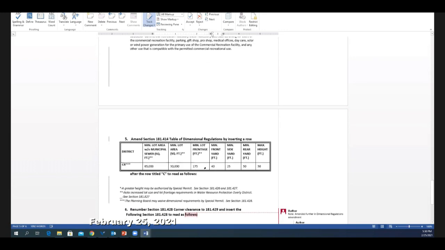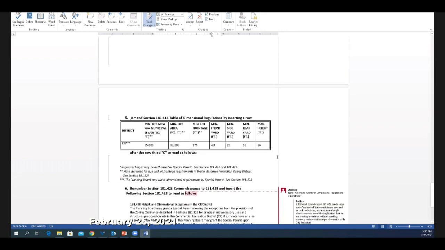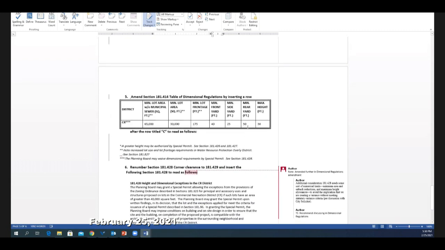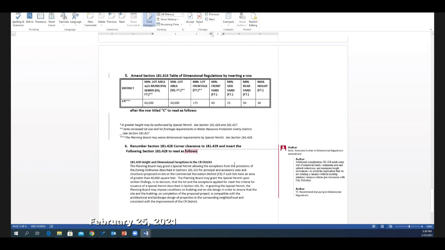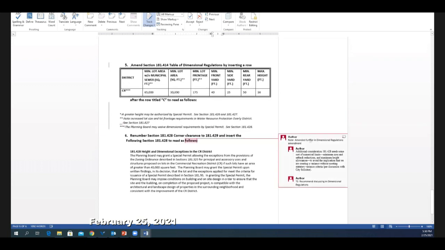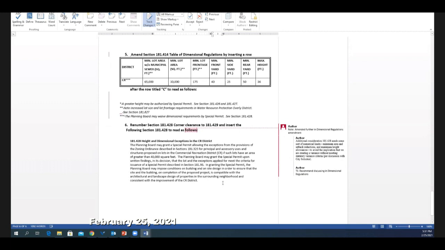And then it lays out the table of dimensional regulations, and then further adds some flexibility therein. This is one, essentially it adds flexibility that I think would be useful to discuss in the dimensional regulations again, because there's actually a further amendment that makes sense when looked at within the full context of the regulation.